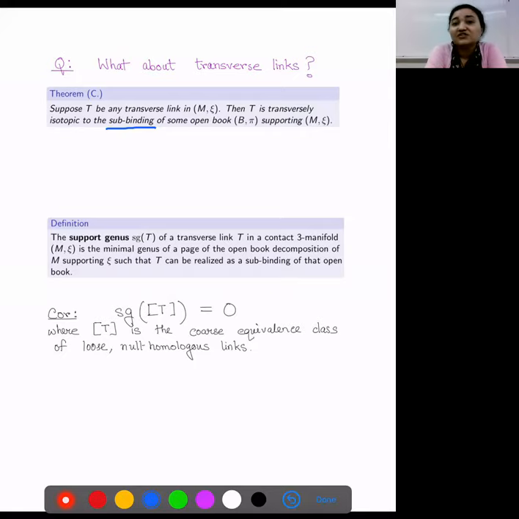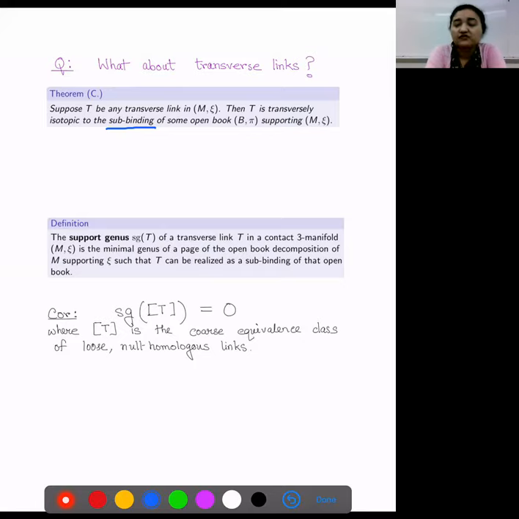All right, so this theorem allowed me to define the support genus of a transverse link, which is again the minimal genus of the page of the open book which supports the contact structure, so that we can realize the transverse link as a sub-binding of that open book. So it's pretty similar to the support genus of a Legendrian link.